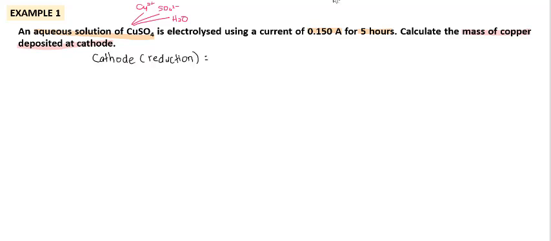So at the cathode, copper 2 plus ion will be reduced to copper solid.